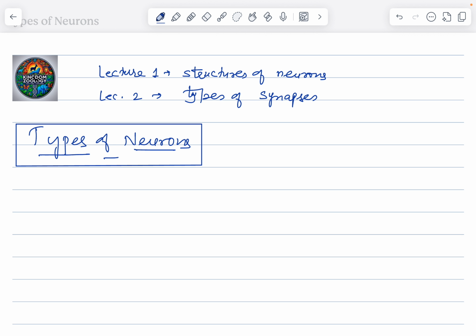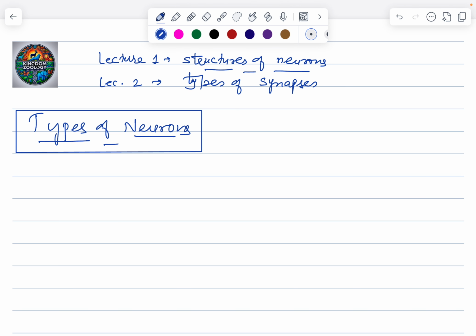Okay, as you might recall from our lecture on the structure of neuron, a neuron structure consists of a main cell body that is called cyton and some cell processes which are short, afferent or sensory in nature, that is dendrons, and a single long efferent or motor process that is called the axon.